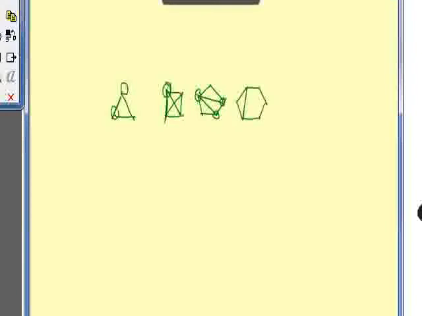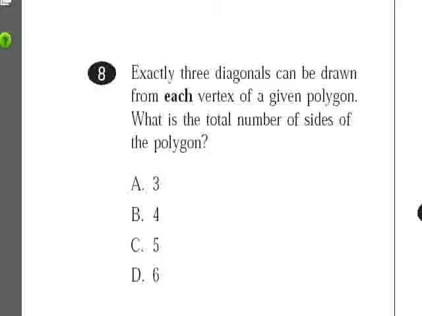If I draw diagonals from each vertex here, I'll notice I can draw 3 diagonals from each vertex. That means from this vertex I can draw 3, this vertex I can draw 3, this vertex I can draw 3, so on and so forth. You get the idea. So D is the answer to that.